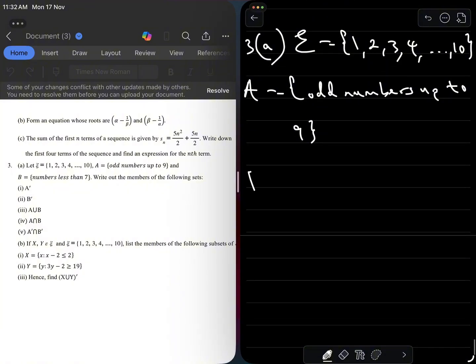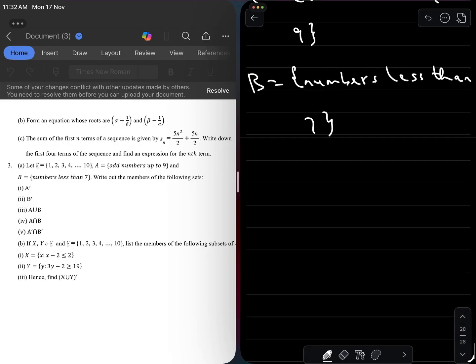And the elements of set B are numbers less than 7.